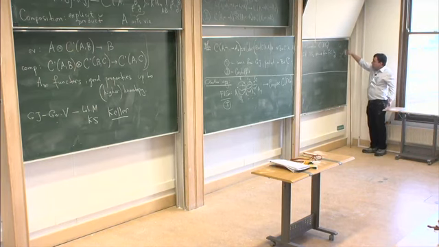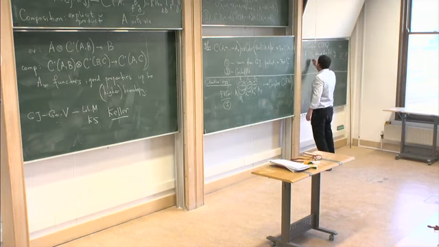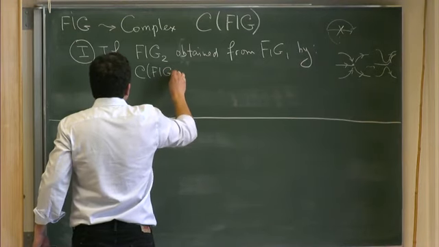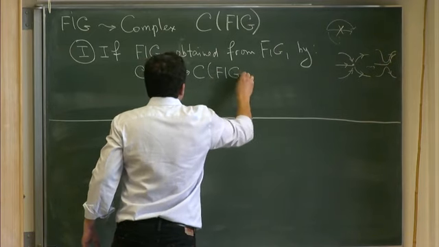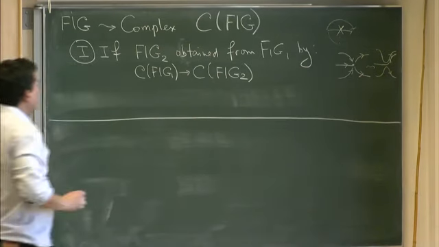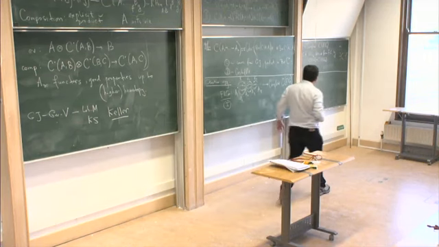So this corresponds, of course, to vertical and horizontal compositions. These will be morphisms of the first type.